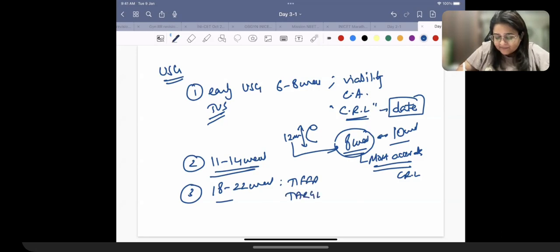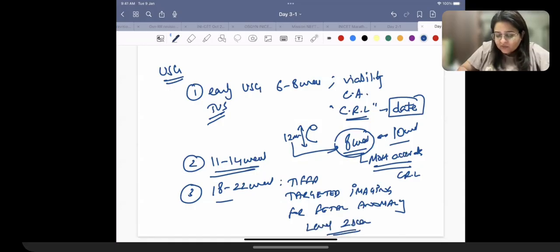Targeted imaging for fetal anomaly. Okay, this is also called the level 2 scan, right? Where you are looking for structural fetal anomalies. So this is also a very important scan.